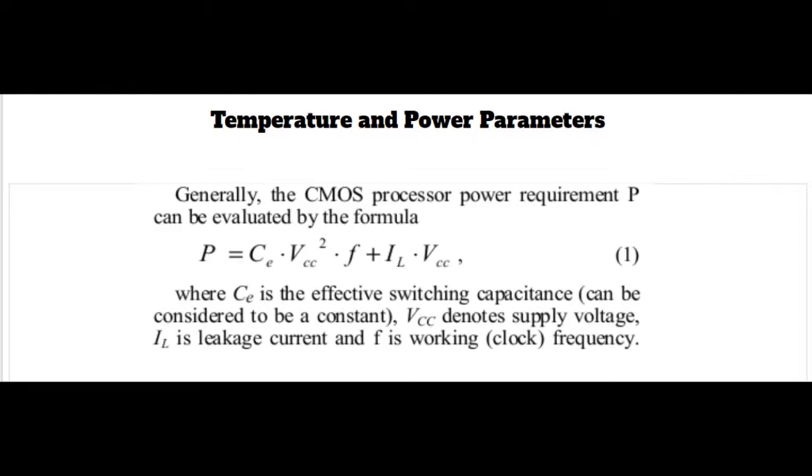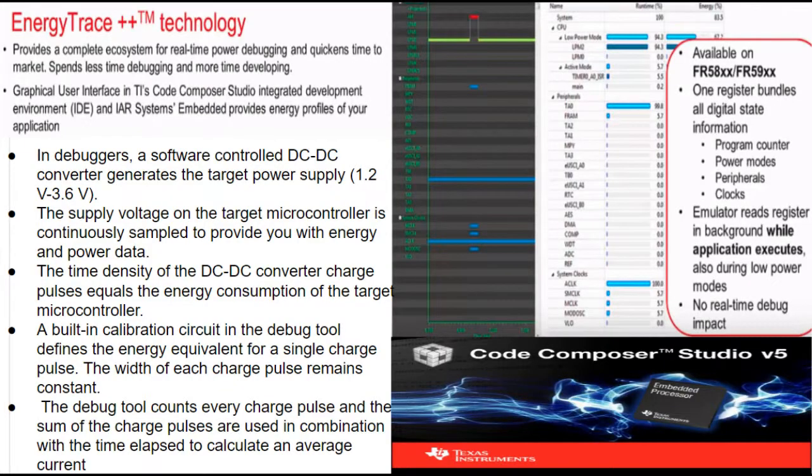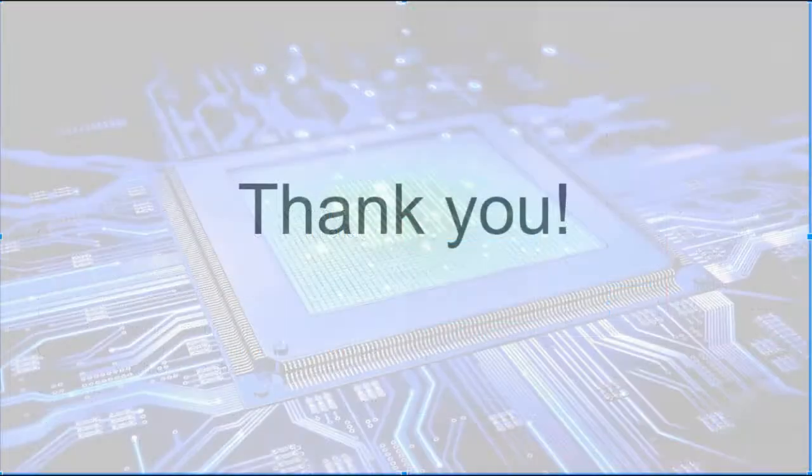If I increase my frequency, the power consumption will be more. If I decrease the frequency, the power consumption will be less. We aim to use an energy plus technology for this, provided by Texas Instruments.